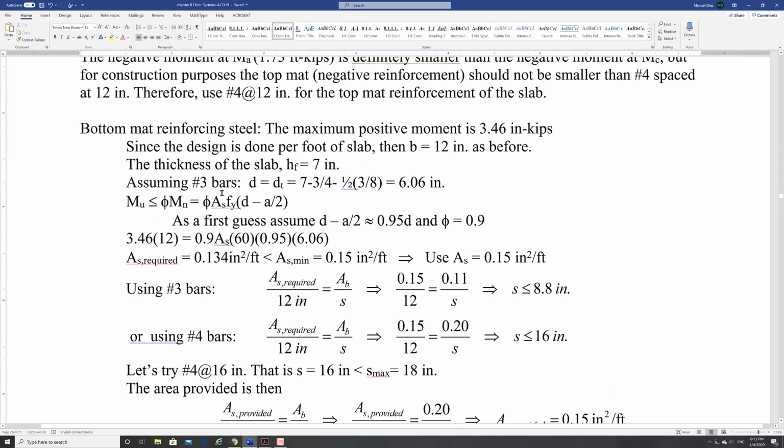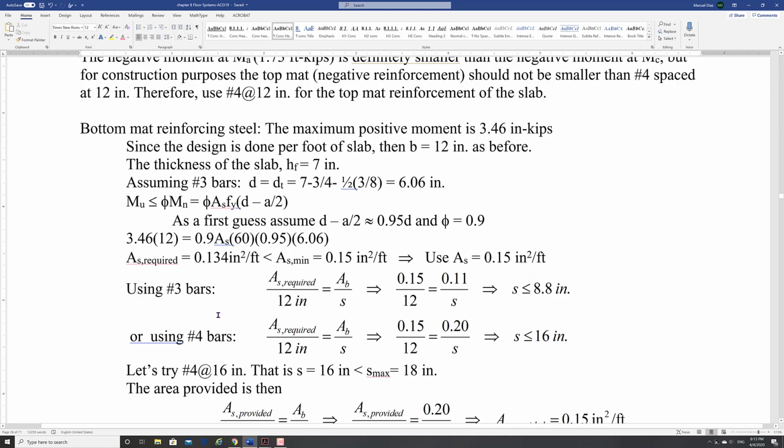So I'm going to try number 3 bars. I'm going to do the same, find my D value, find my A value. I got a value here of 0.13, but this is below the minimum, so I had to use the minimum. If I use the minimum and still keep my number 3s, then I have to put a spacing at 8 inches.